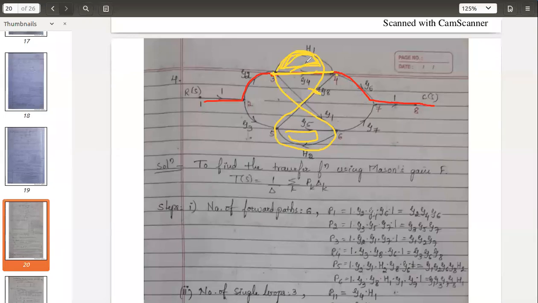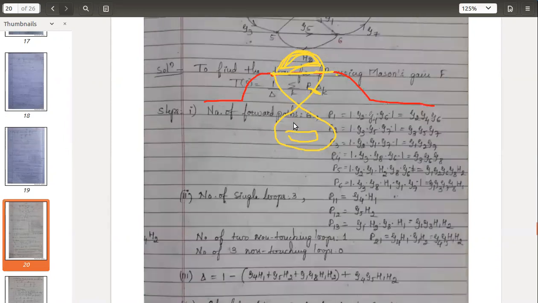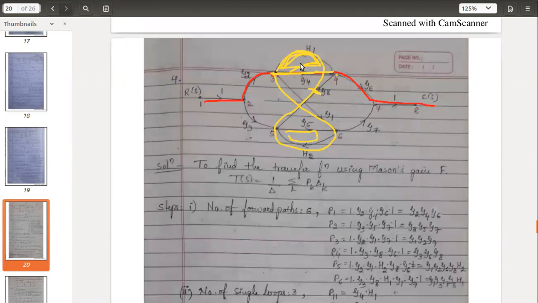So you cannot consider that, because what does your formula say for delta 1, delta 2, delta 3? It is 1 minus, you need to consider those loops in the bracket which are not touching forward path 1. Similarly, for the second path, delta 2 will be 1 minus those single loops which are not touching forward path 2, like that.